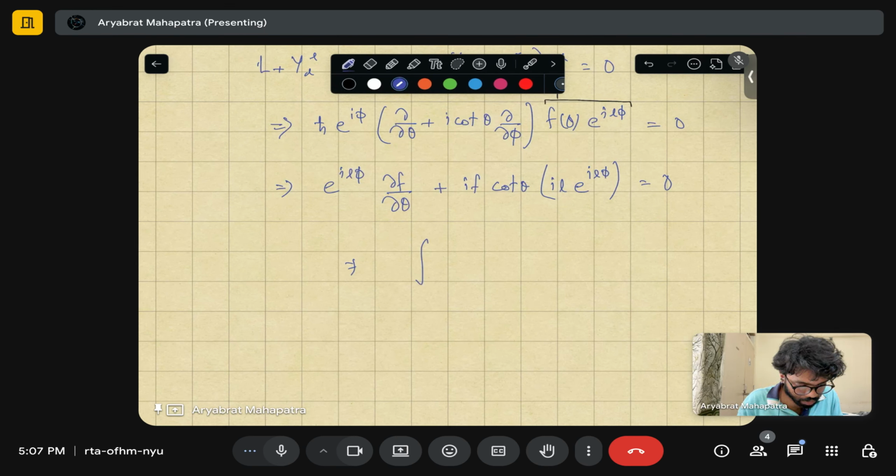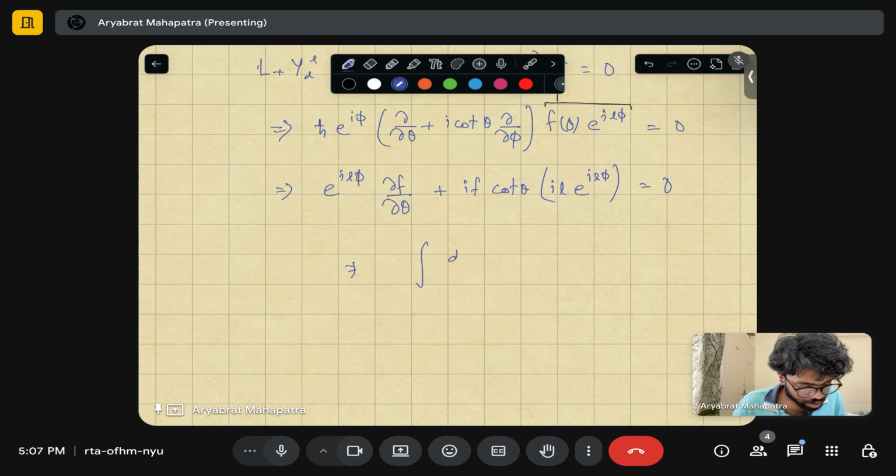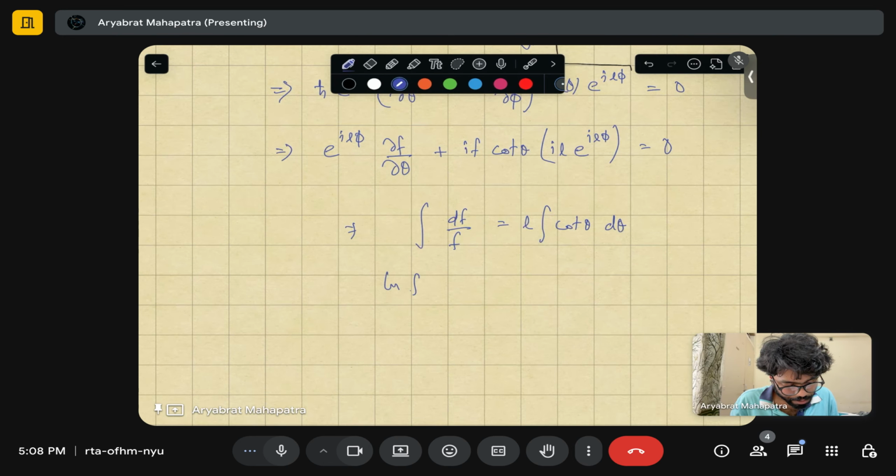So this should be again something similar to this: df by f equals l cot theta d theta, and that will give you ln f equals l times the integral of cot theta, that is ln sine theta, and then we will have some constant.